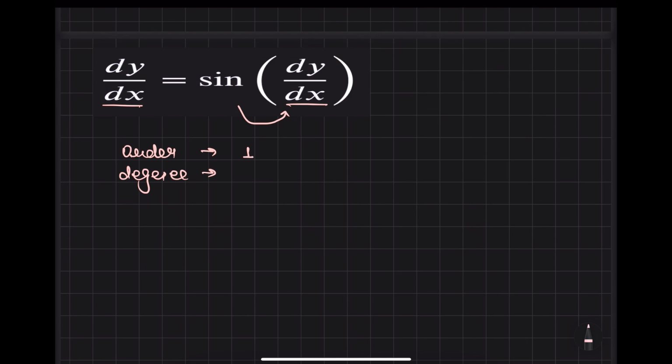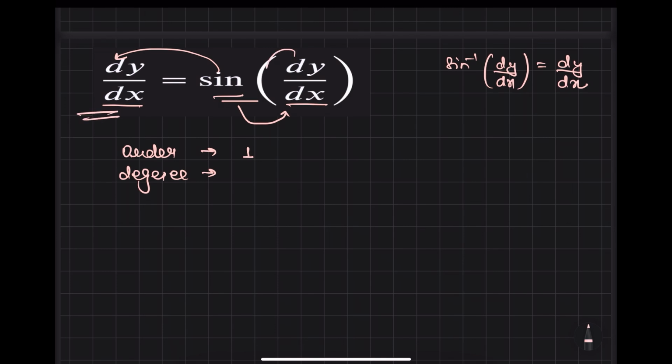So first you have to remove this, but if you remove it, you will apply sine inverse on both sides, so sine inverse of sine dy by dx is equal to dy by dx. Look at this. You have removed the problem from this side, but you have created a problem over that side. Earlier this was in the argument of sine, now it is inside the argument of sine inverse.